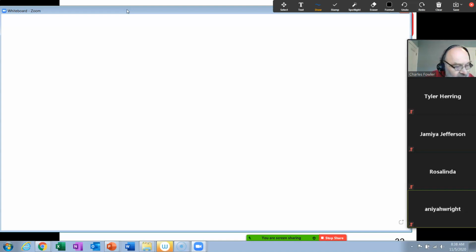All right. Example 4 on page 128. Sketch the graph of f of x is equal to 3x to the 4th minus 4x cubed.